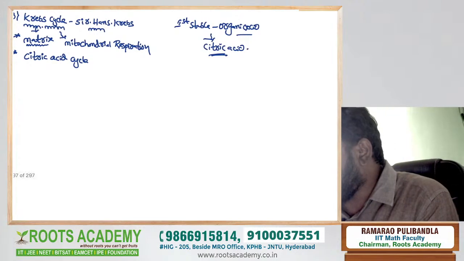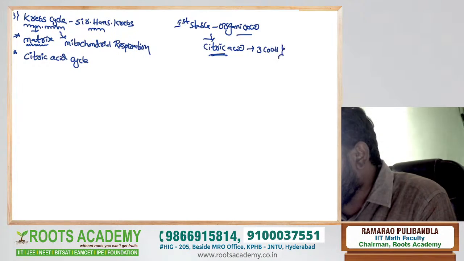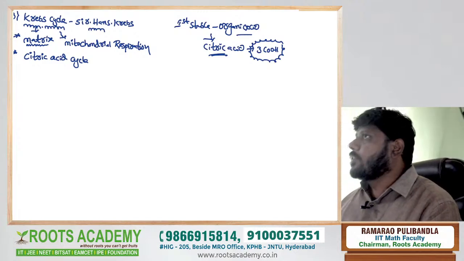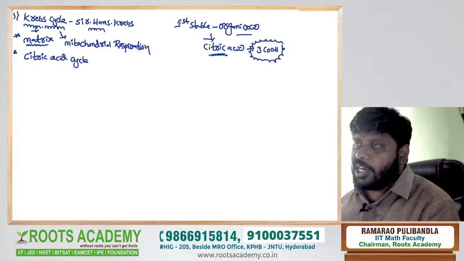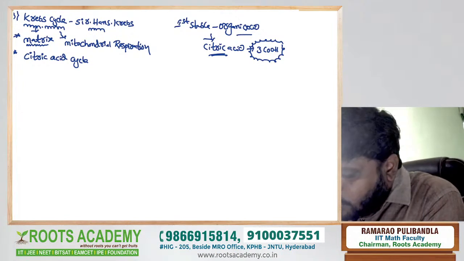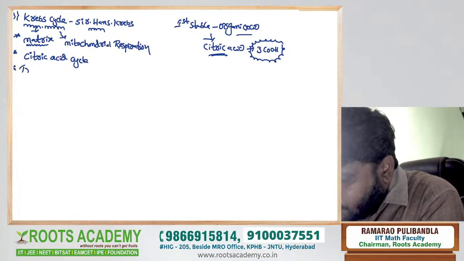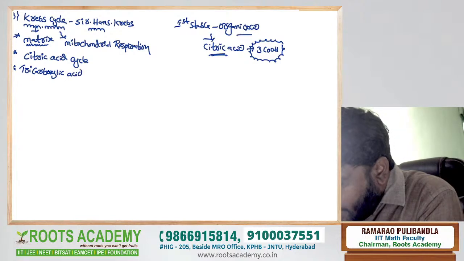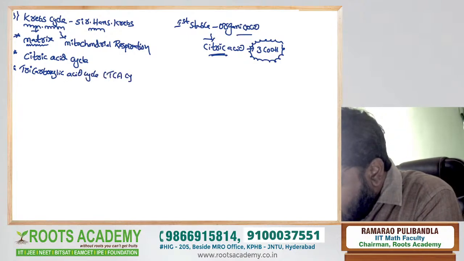Citric acid structurally consists of 3 carboxylic groups, that is, 3 COOH. That's why the Krebs cycle is also called the tricarboxylic acid cycle, simply the TCA cycle.